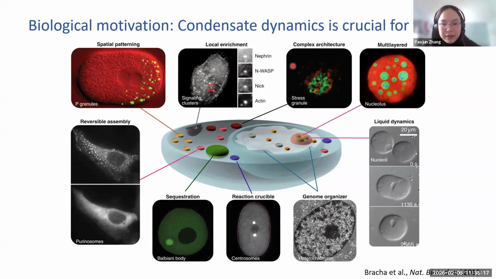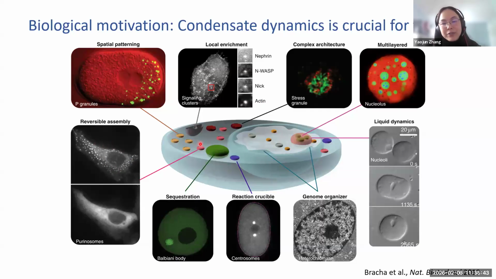And by modulating condensate dynamics, for example, by tuning the availability of substrates and enzymes or the escape of products, cells can then control the biochemical reactions happening inside the condensate, such as the ones that happen inside the nucleolus, as well as the purinosomes.